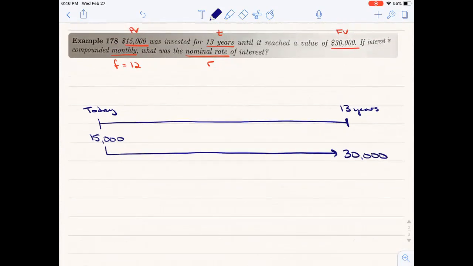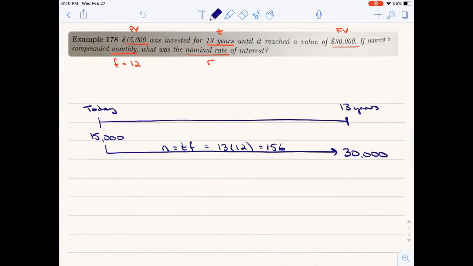For compound interest, we don't just put the time on the arrow, we put n, the number of compoundings. So n is time times the frequency. That's on your formula sheet. Time in years is 13 times the frequency, which is 12, which is 156.